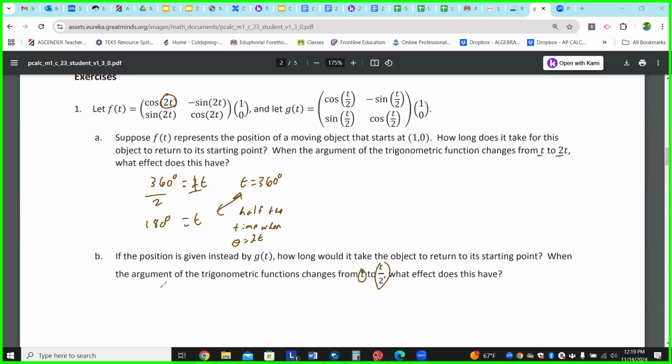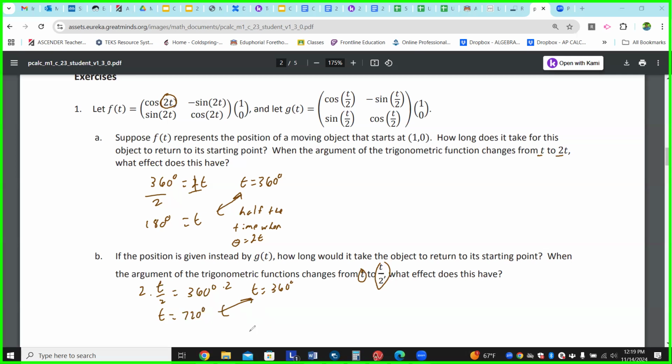So now here we go, and we can do the math to figure that out. t over 2 would equal 360 because I want to do a full circle. So then t would equal 720. Very good. You would multiply by 2 on both sides. And then t alone, again, is 360. So what is your comparison this time?